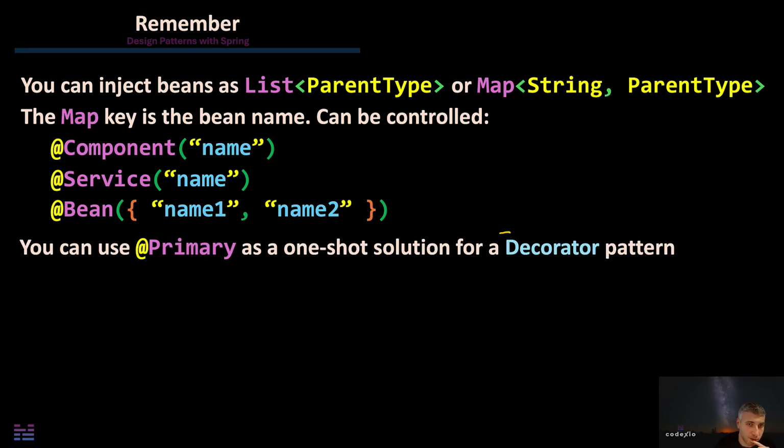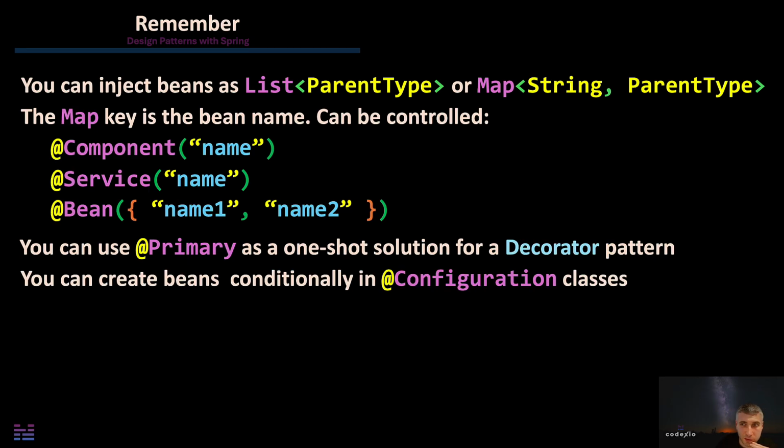If you want to do a decorator pattern, you can just create a new class that wraps the other one and use primary, but it's something that I wouldn't recommend because it's a one shot, then your hands are again tied. If some beans are not necessary for you, you can create them conditionally.